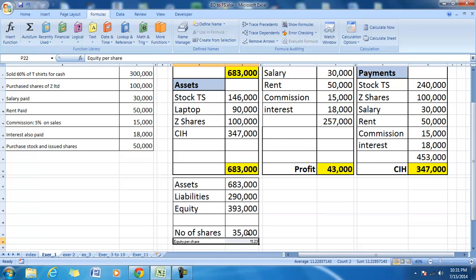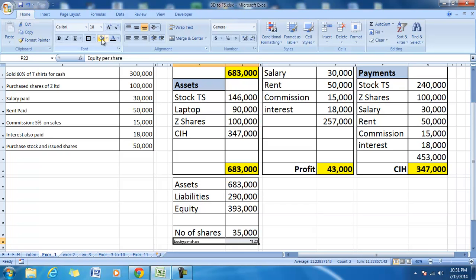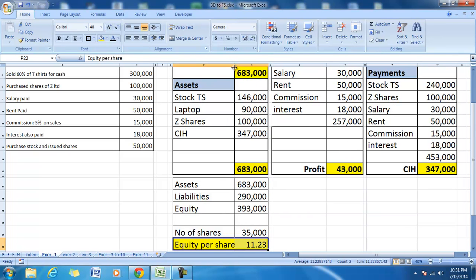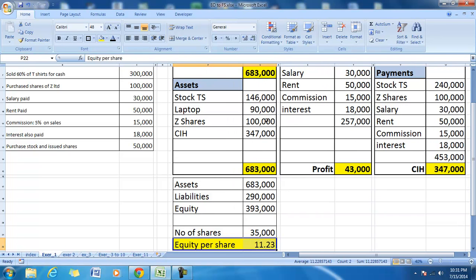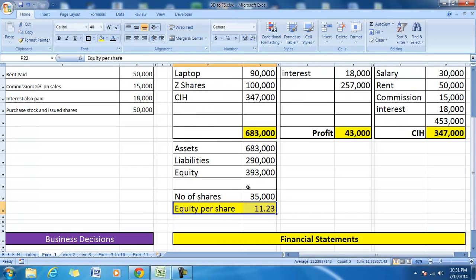So by using these two numbers, we get one of the important financial accounting numbers, that is called equity per share, which is popularly known as the book value per share. So book value per share is the equity by number of shares.